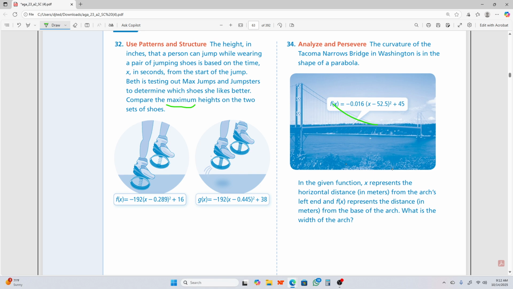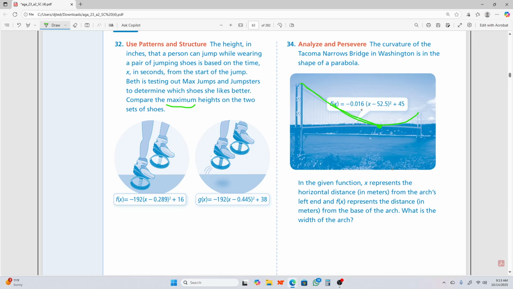So, the width of the arch. So from here to here, all the way across, right? And we can see our vertex would be in the middle, right about here.